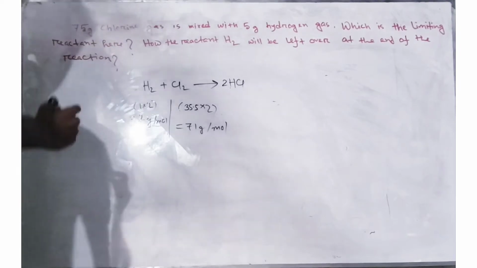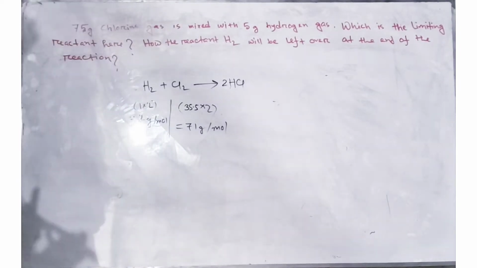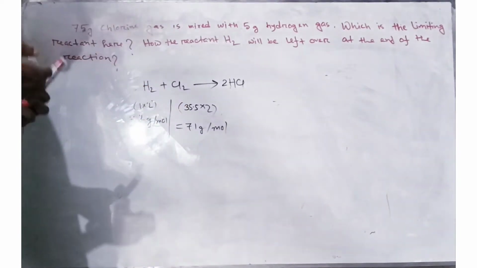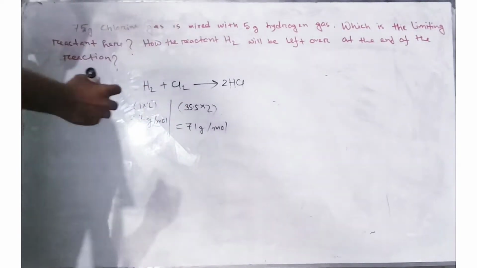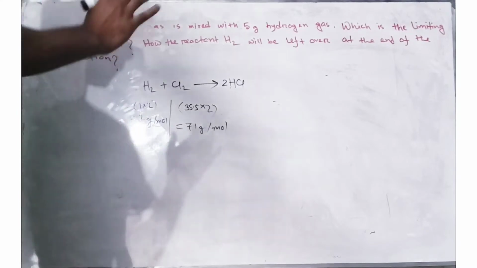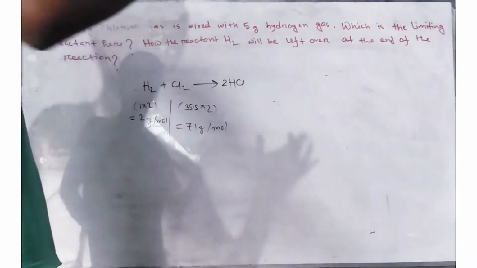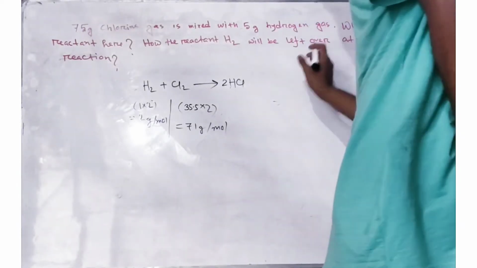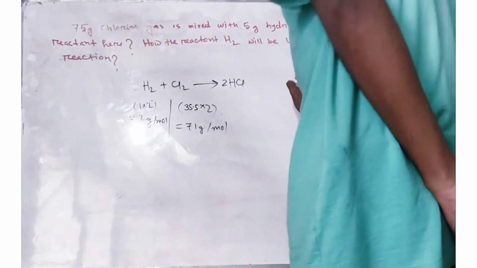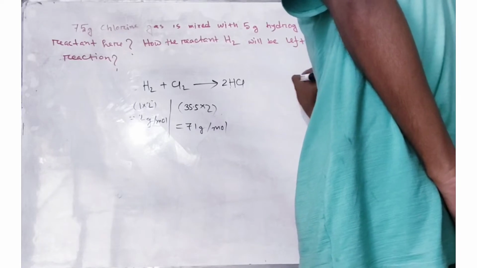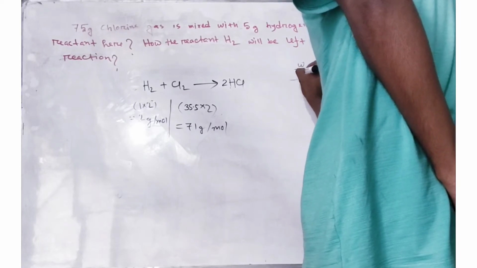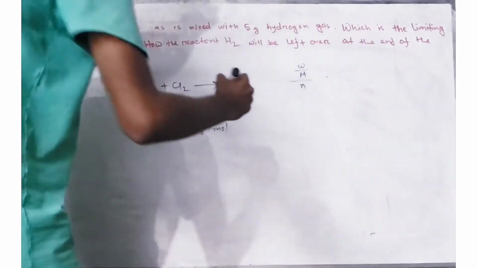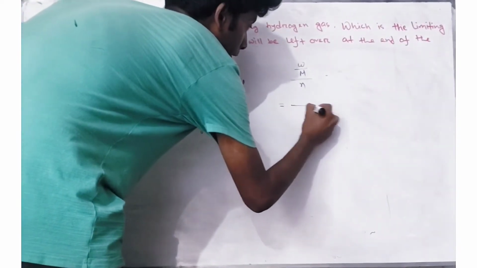Now we are going to write this mathematical solution in the unitary method. First of all, we will have to determine which one is the limiting reagent here, so we can follow a method. This method is W by M, weight divided by molecular mass.